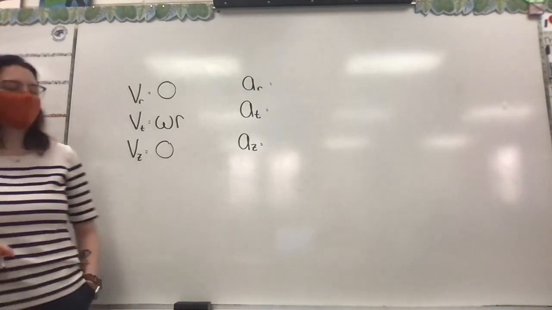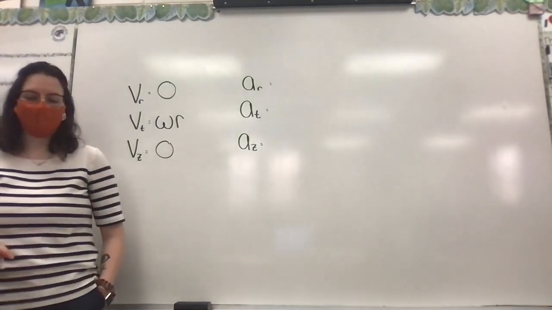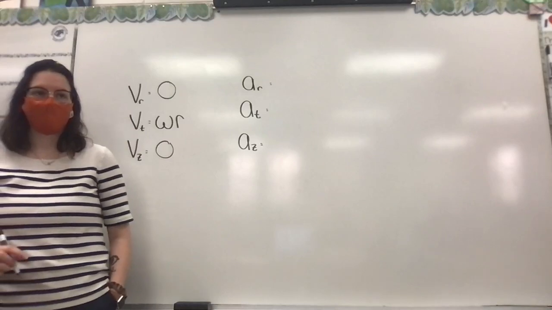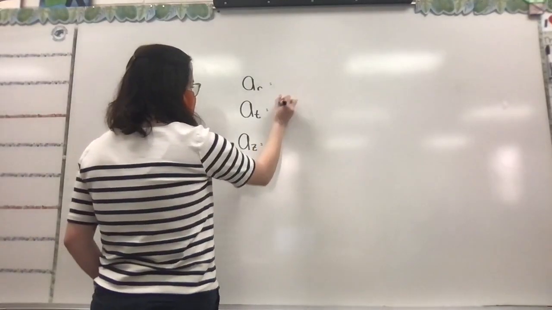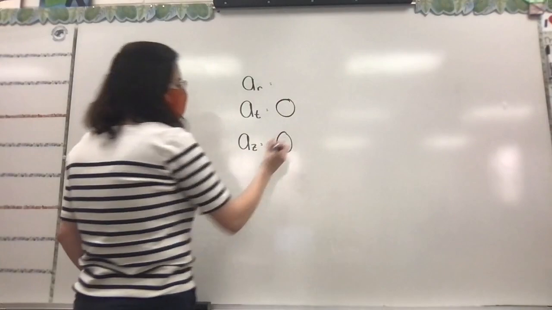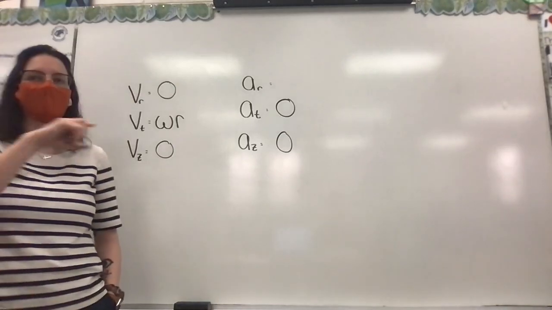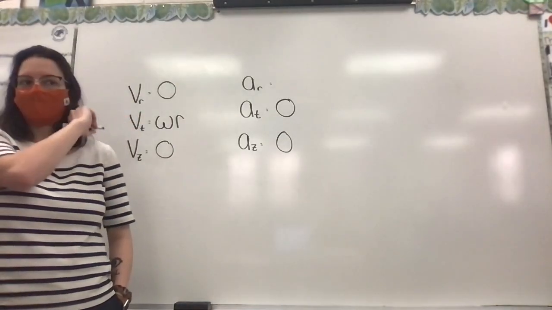Okay, which one of the accelerations do you think are 0? T and Z. Yeah, T and Z are both going to be 0. Okay, because when we drew our picture, acceleration was always doing what? Going towards the center, so it only exists in the R, radial, right? Good job.